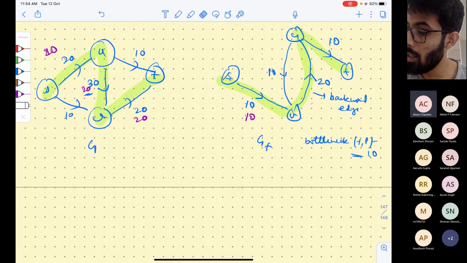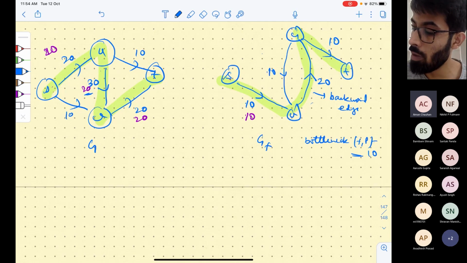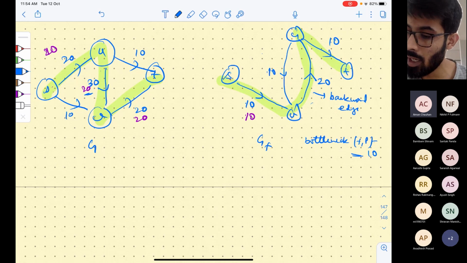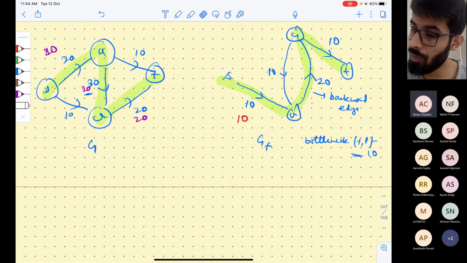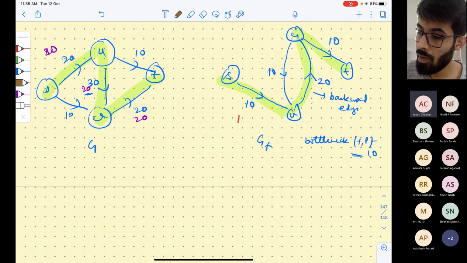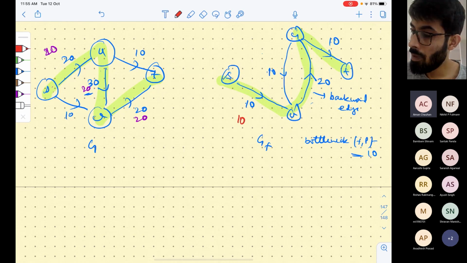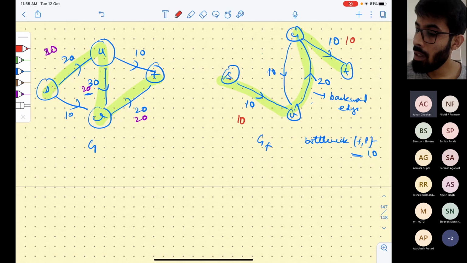So this becomes 10. Let me just write in red the new flow values. So this becomes 10. And this becomes 10. This was already 10.